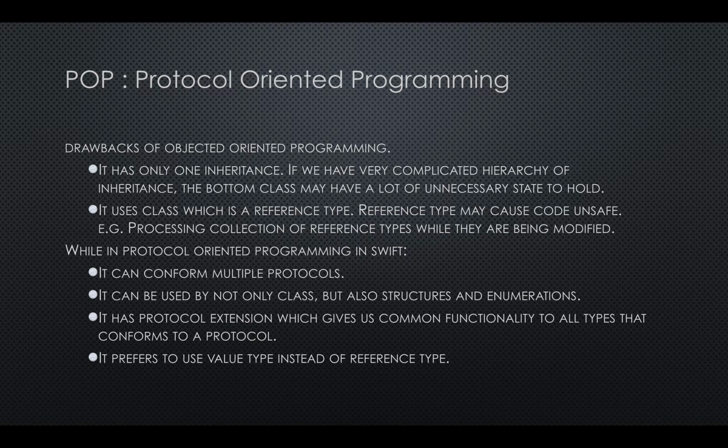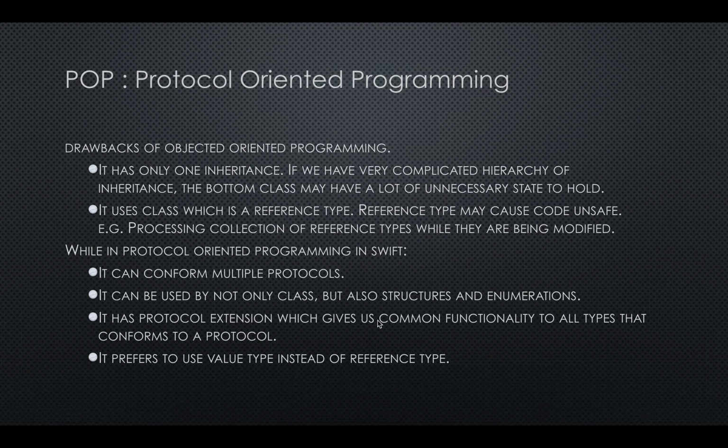And another major problem is inheritance, through which you end up having a lot of code you don't even require. Your bottom class in the inheritance hierarchy will have a lot of unnecessary information or objects which it doesn't even require. So that's not required, right?